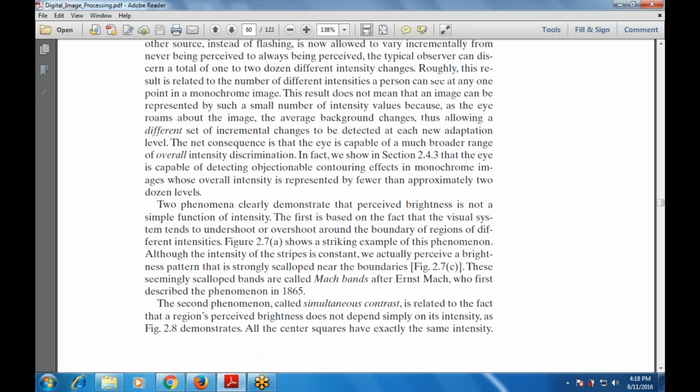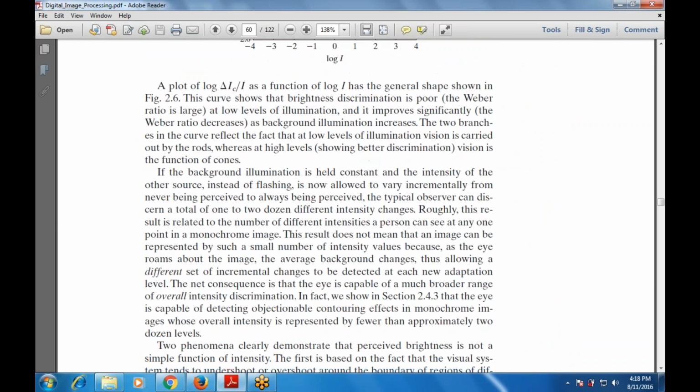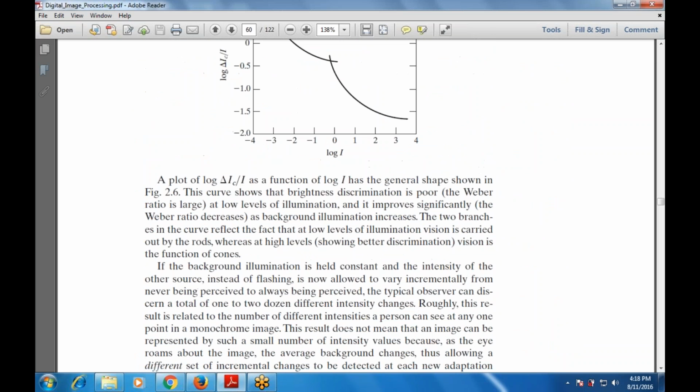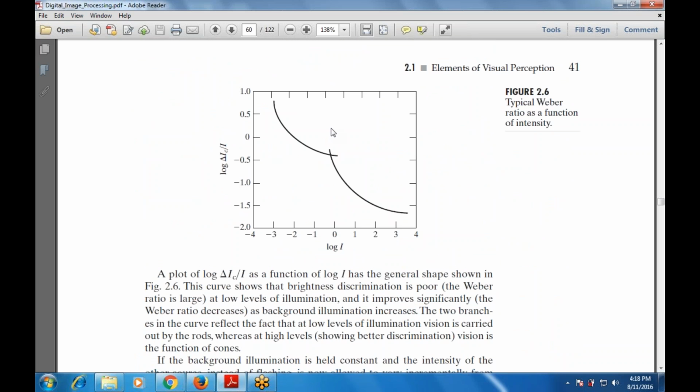Now, let's move to the next phenomenon that we have studied. This is done. Any doubt in this diagram? How is it formed? That is, what is the diagram of the Weber ratio that represents the function of intensity?